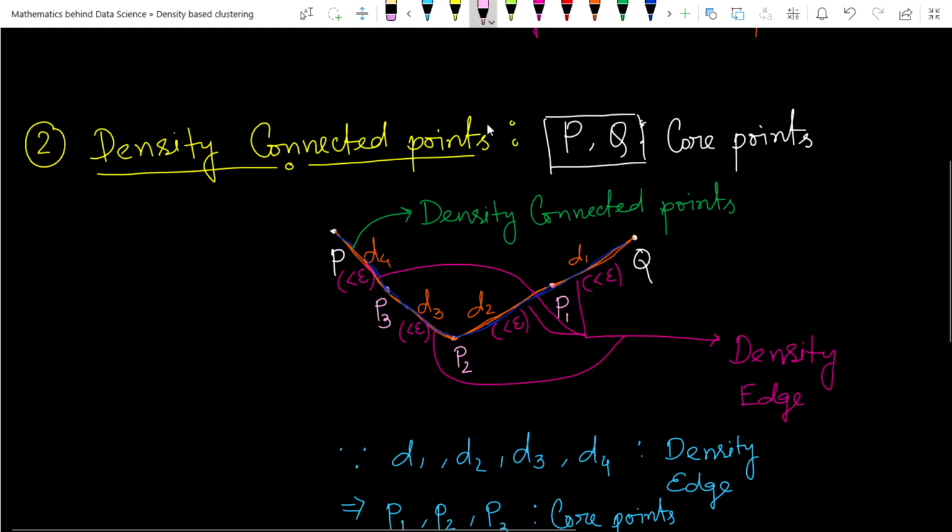So if you summarize this thing, these points must be core points.